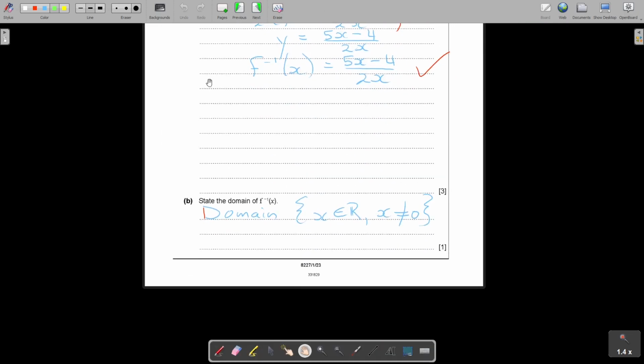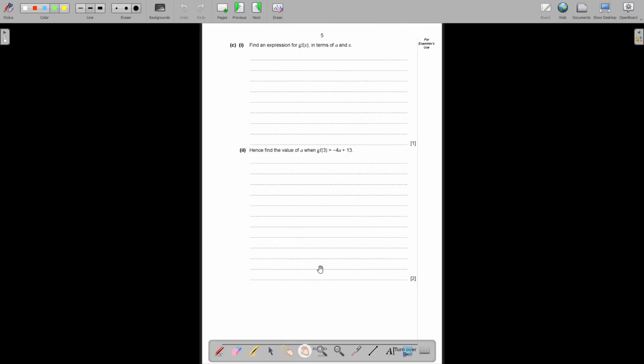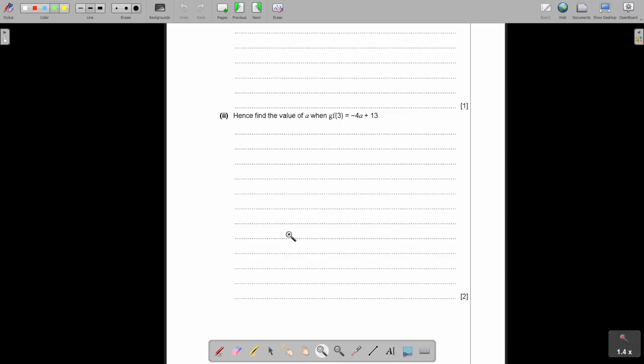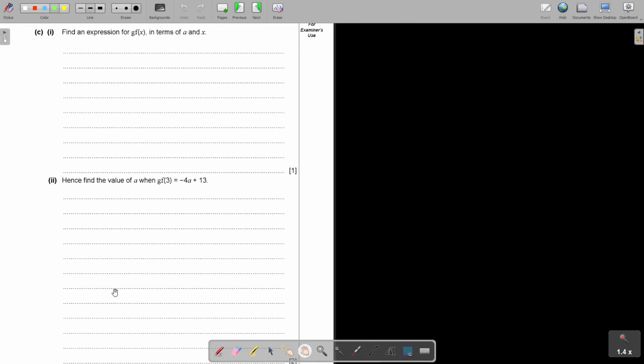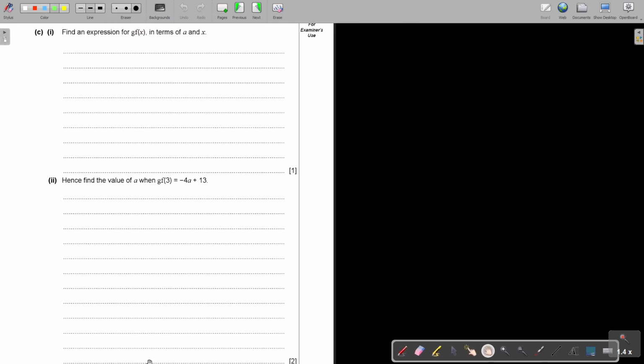Okay, so that was question B, and now the last, no, C is having 2 parts. So let's just do that number C. Okay, there it is. Let's just move that one, and then we can start. Find an expression for G, that is composite functions, in terms of A and X. And where will you find these composite functions?